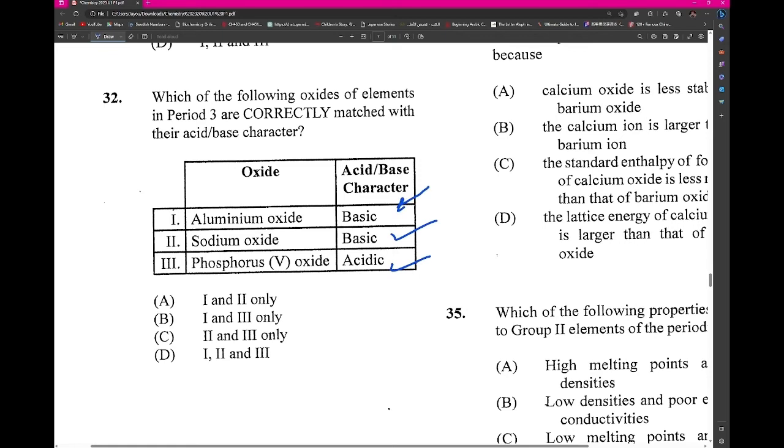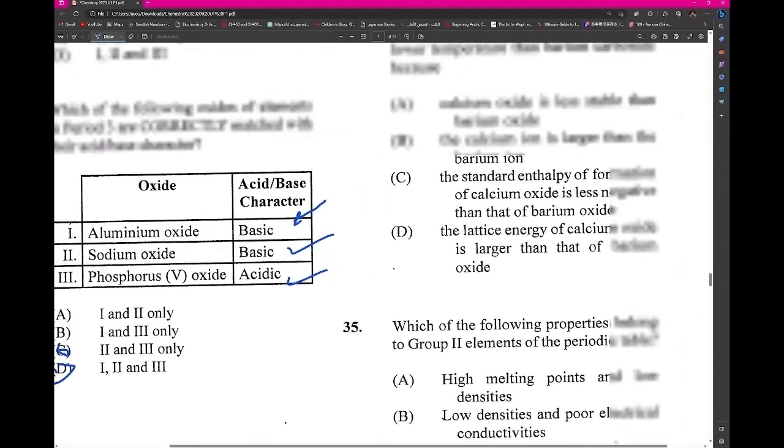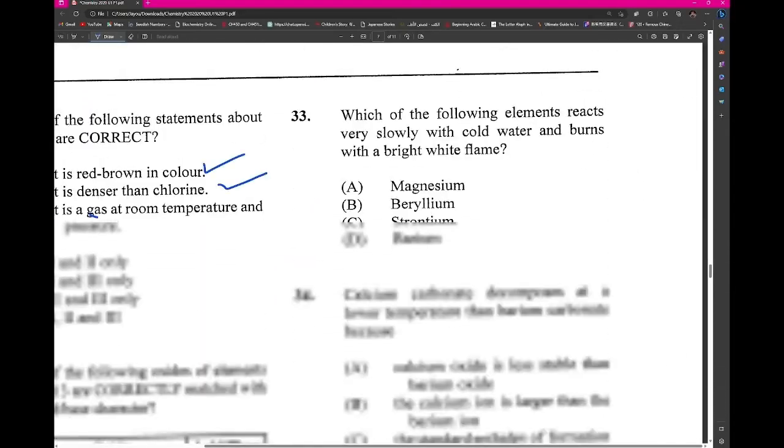Amphoteric means it shows both acid and base character, so I'm not sure whether you would choose D. But if aluminum oxide has to be amphoteric and not acidic or basic, then it would be C. Tell me what you think for that answer down in the comment section.